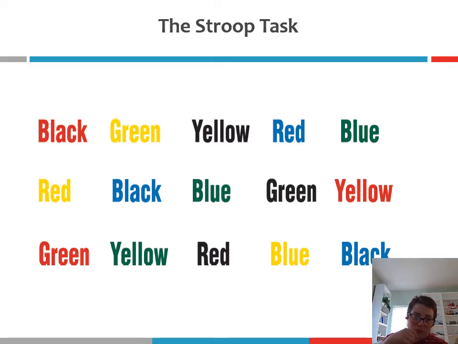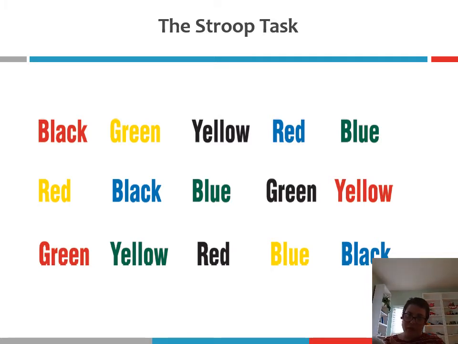Okay, so one thing that you probably noticed right away is that there's a particular aspect of this task that makes it very challenging, and that is that there is a conflict, right? Each of these words denotes a particular color. These are all words denoting various colors, but all of the words are printed in a different color.